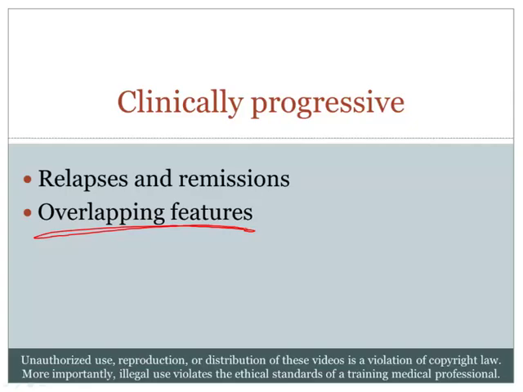And so other lymphocytes can begin to react against those new antigens, and that can result in overlapping features in these disorders. So the exposure of new antigens with the subsequent spreading of the immune response to additional antigens is called epitope spreading. And epitope spreading can be one explanation why we might see overlapping features in the disorders that we're going to cover. So that concludes this theoretical portion of autoimmunity.